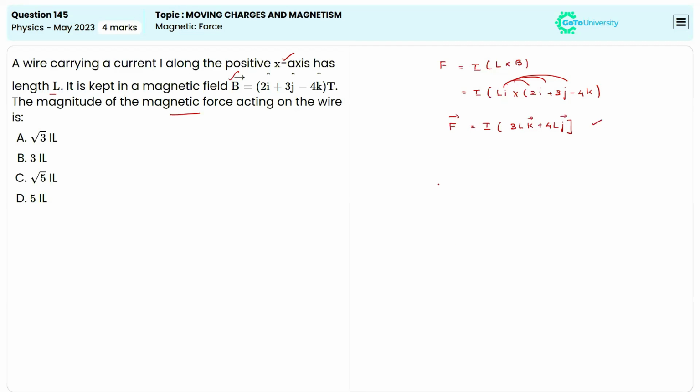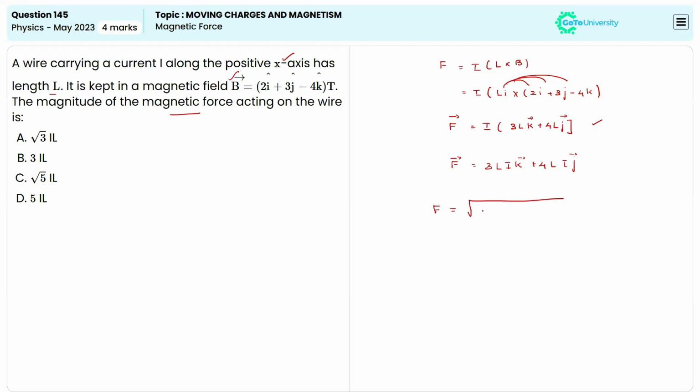Multiplying inside, the force will be 3 L I in the k direction plus 4 L I in the j direction, right?